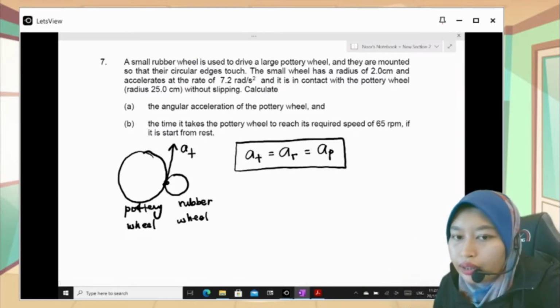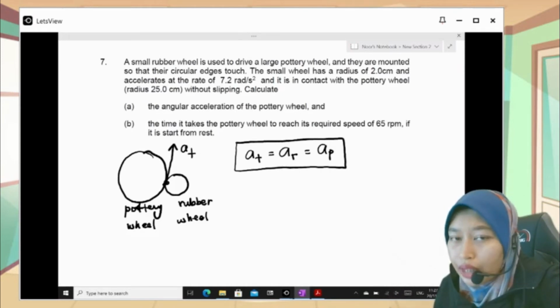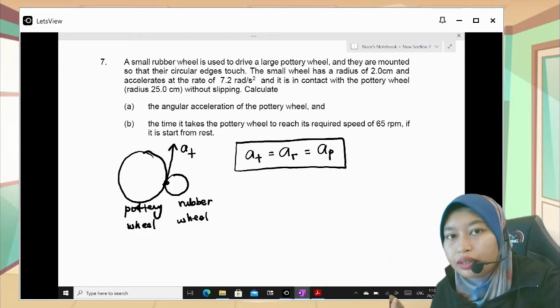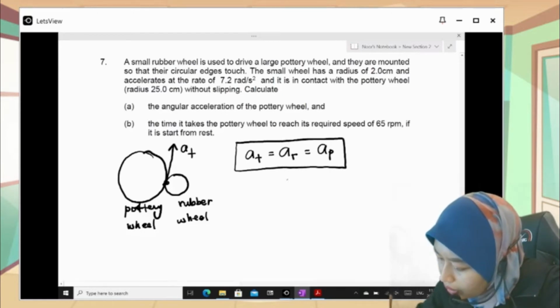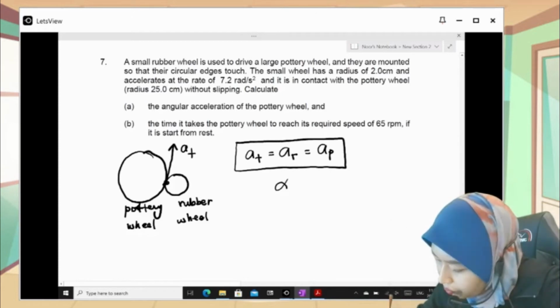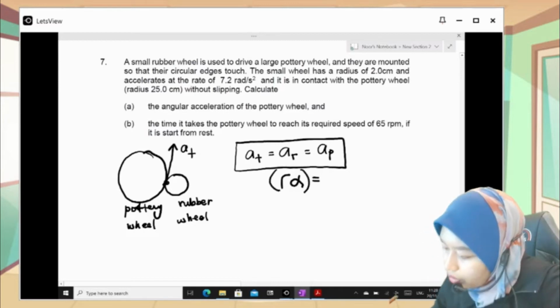So we know the relationship between angular acceleration and tangential acceleration is a equals R alpha, for the rubber wheel and R alpha for the pottery wheel.